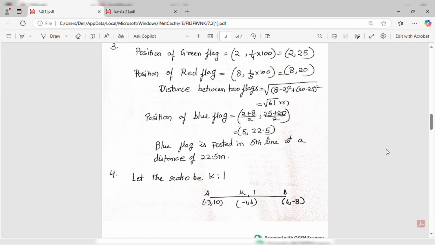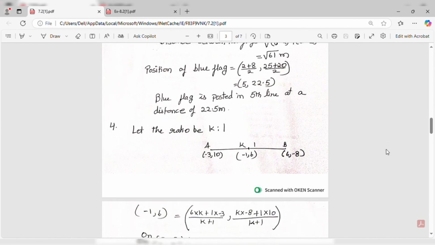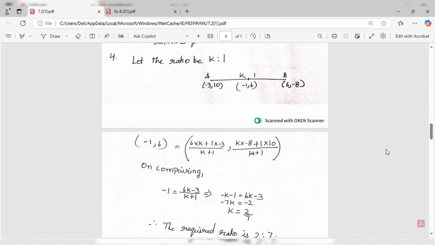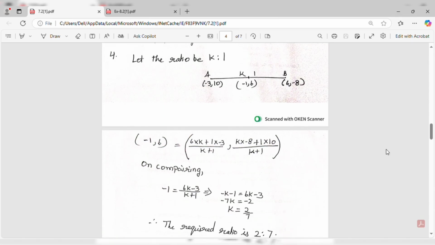Question number 4. Find the ratio in which the line segment joining the points (-3, 10) and (6, -8) is divided by (-1, 6). In this question, we are asked to find the ratio, and the coordinates of the point are given.